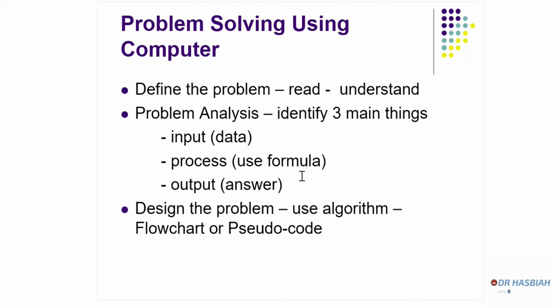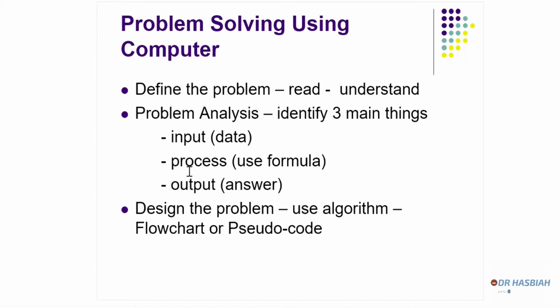And then the second one, after you understand what the problem needs, you have to do the problem analysis. When you do the problem analysis, you have to identify 3 main things. The first one, what is the input from the problem, the input meaning the data. Sometimes you have the data there.